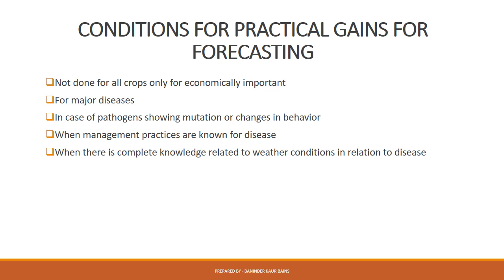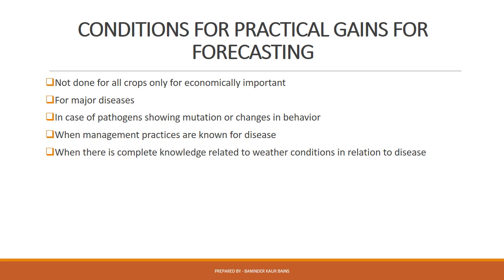Conditions for practical gains for forecasting, means if we are planning to do forecast for a disease, whether it will be useful for us or not. Practical gains means whether we will gain something positive from the disease forecast or not. So here I will explain. So first of all, no, it is not done for all the crops.